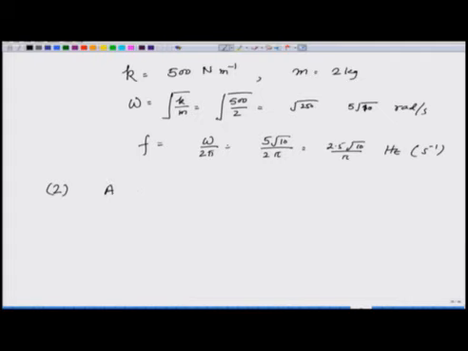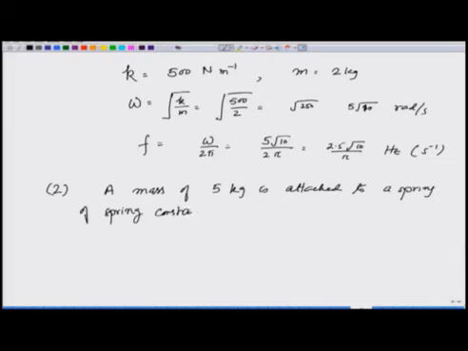Example 2, a mass of 5 kg is attached to a spring of spring constant 400 newtons per meter.